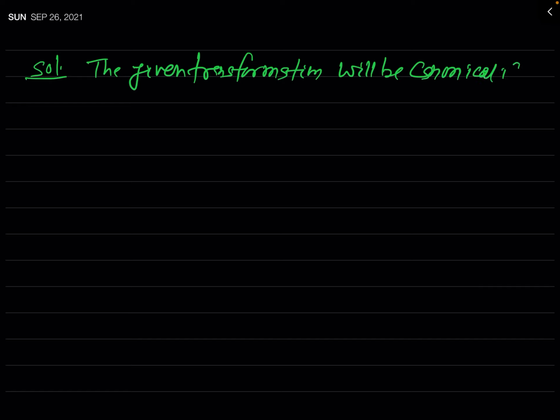When this will be canonical? If p dq minus P dQ equal to an exact differential. When this condition will be satisfied, you can say that the given transformation is canonical.